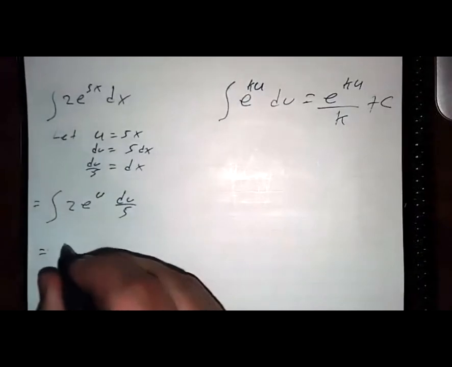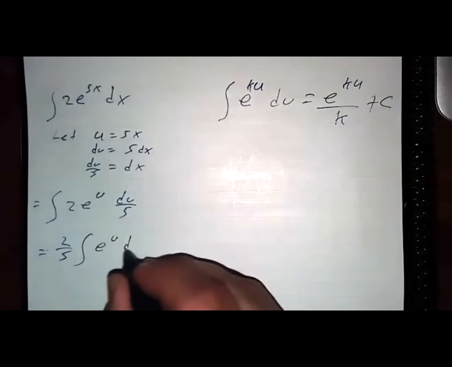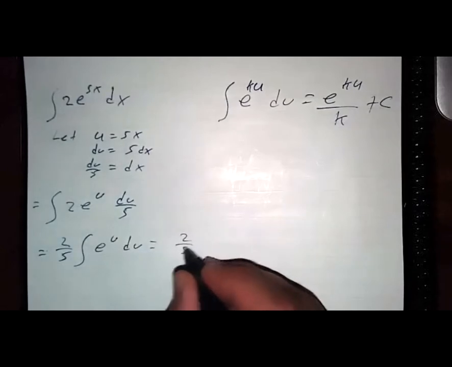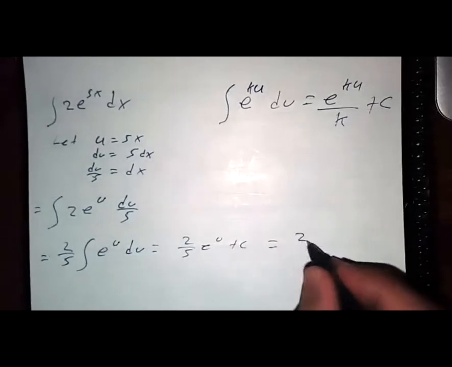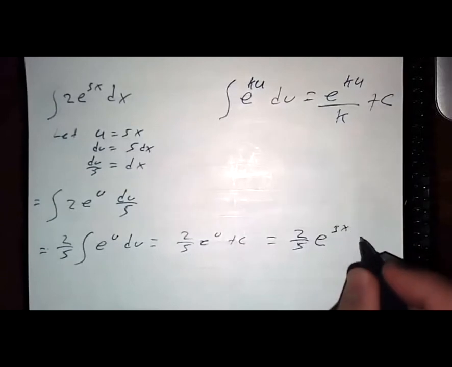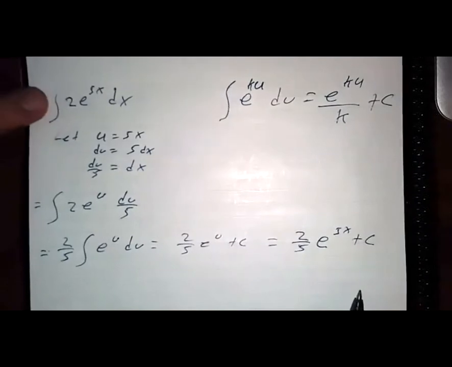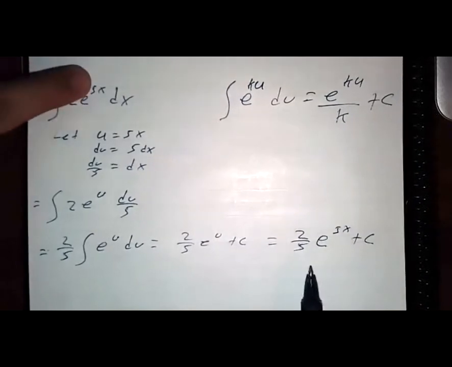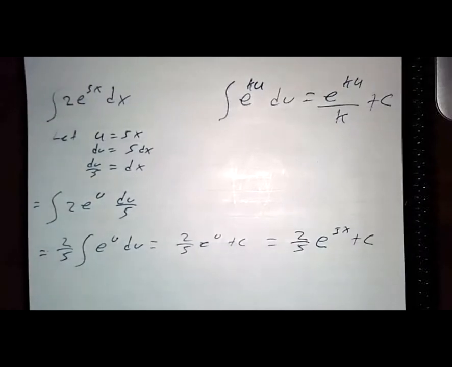So at this point, pull out the 2/5, and you have e to the u du, which would be 2/5 e to the u plus c, which would finally be 2/5 e to the 5x plus c. So you see you could have just taken the original and divided by that 5, right? But either way, it's whatever.